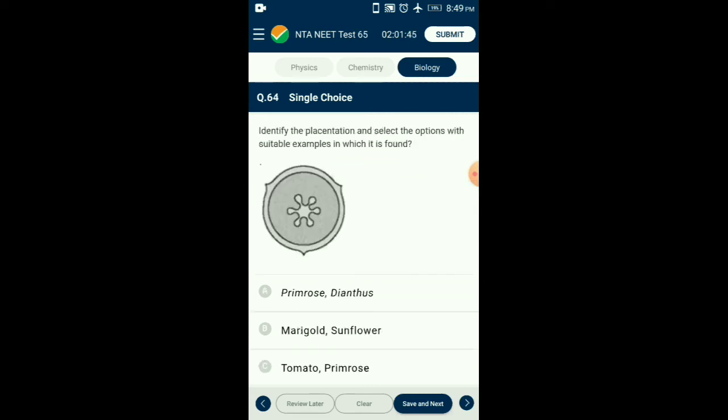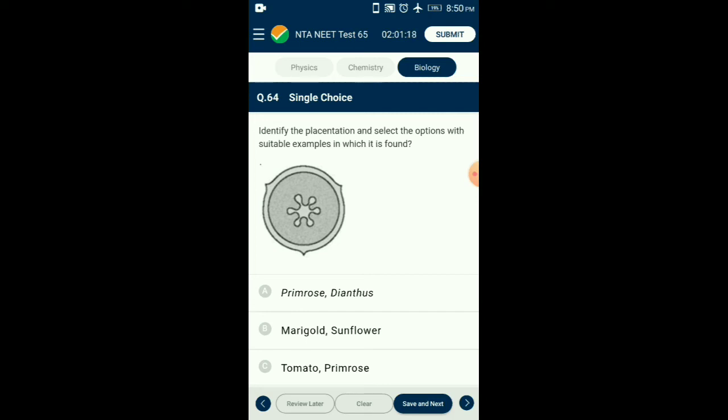Question number 64. Identify the placentation and select the option with suitable examples in which it is found. Placentation means the arrangement of ovules in the ovary. Marginal placentation: the placenta forms a ridge along the ventral suture of the ovary and the ovules are borne in two rows on the ridge. Example, pea, gram.